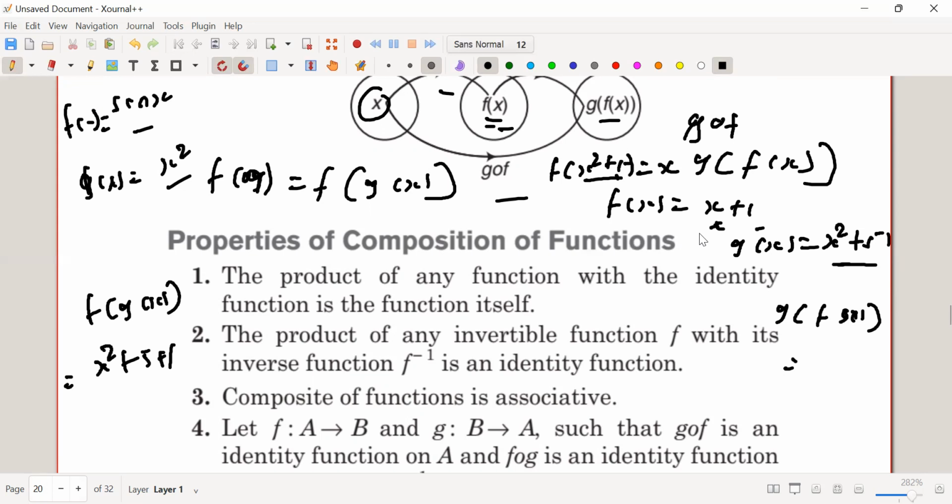I'm not going to substitute anything else. Alright? ஓகேவா? அப்போ just வந்து x இடத்துல x squared plus 5 plus 1 சப்ஸ்டிட்யூட் பண்ணிருக்கேன்.